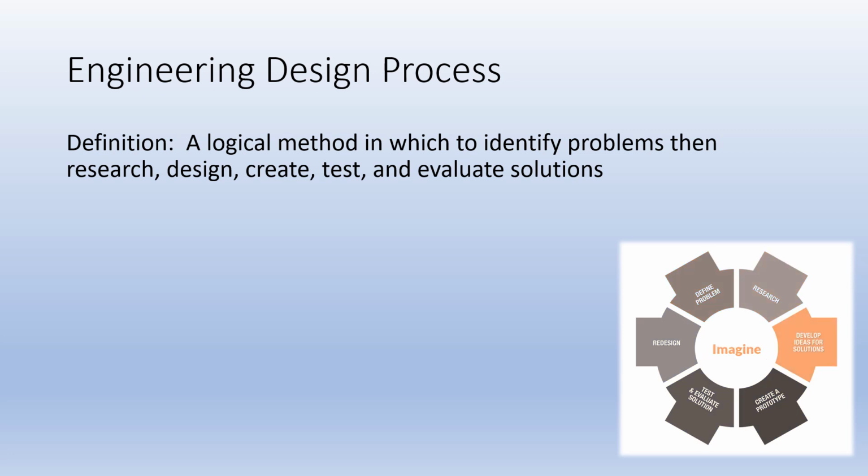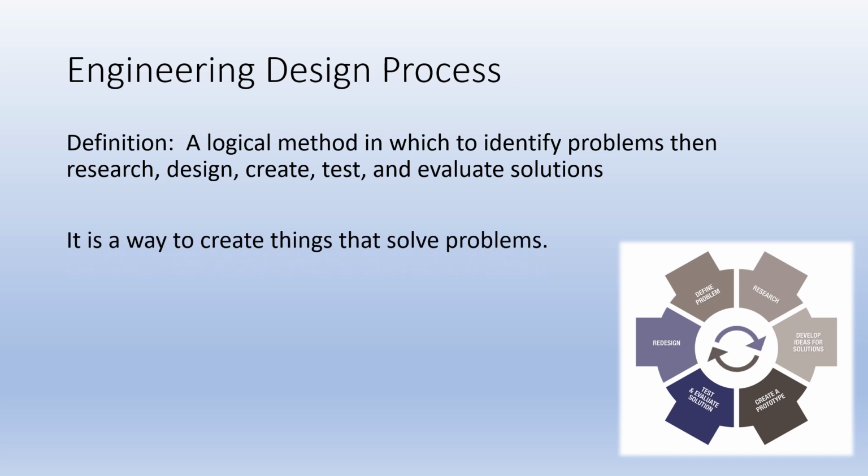No, it's a logical method, which means it's repeatable, and it's based upon facts and data. The second is, I like to say, it's a way to create things that solve problems, okay? Remember, as engineers, that's what we do. We find ways to research and create things that solve problems.